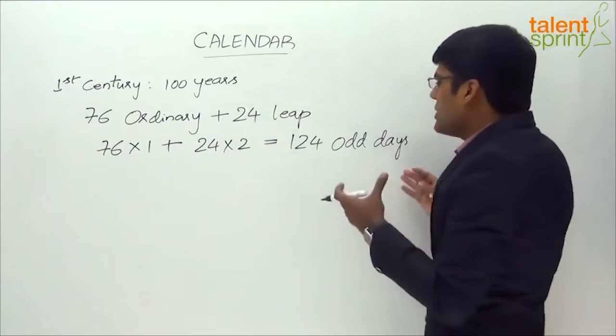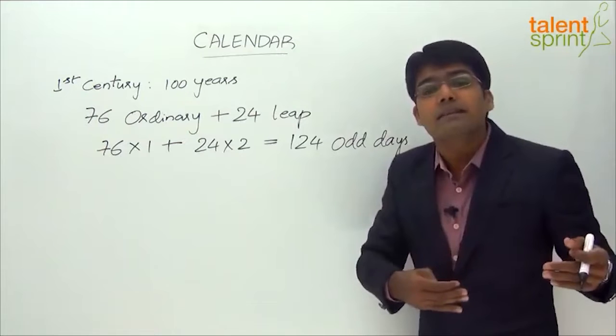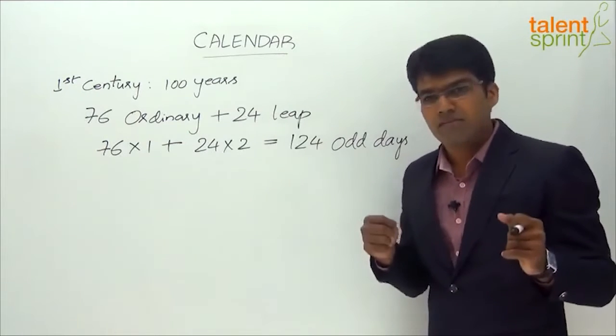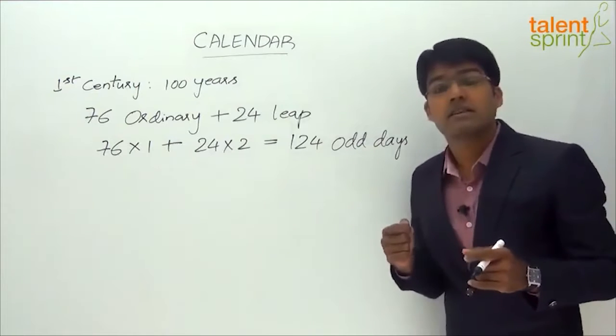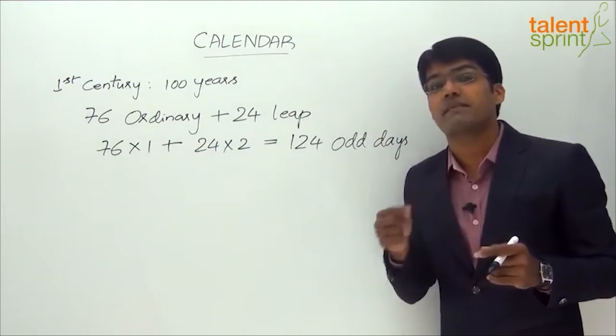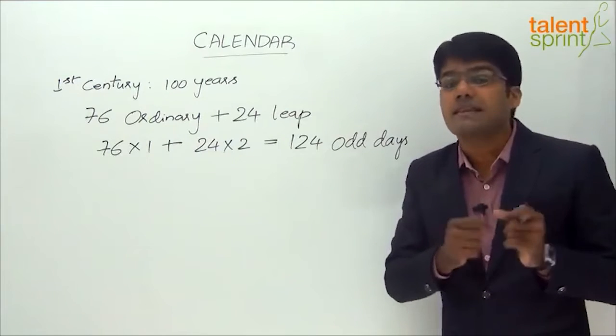But again, 124 odd days can be taken as some number of complete weeks plus an extra number of days. For example, 124 here would be 17 weeks, because 17 into 7 is 119. So 119 days is equal to 17 weeks.